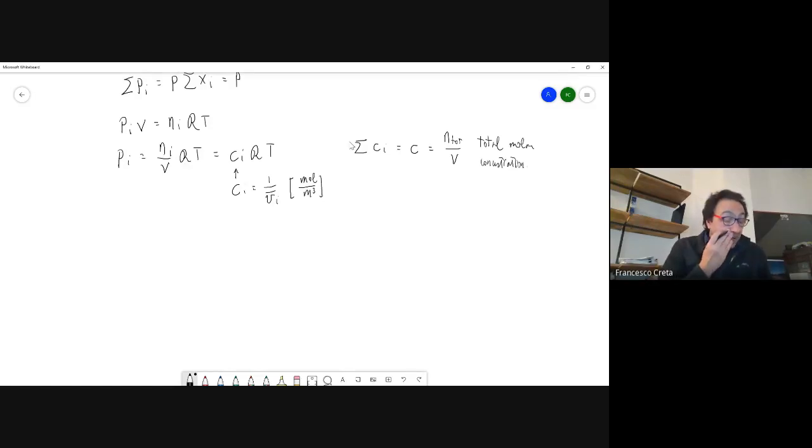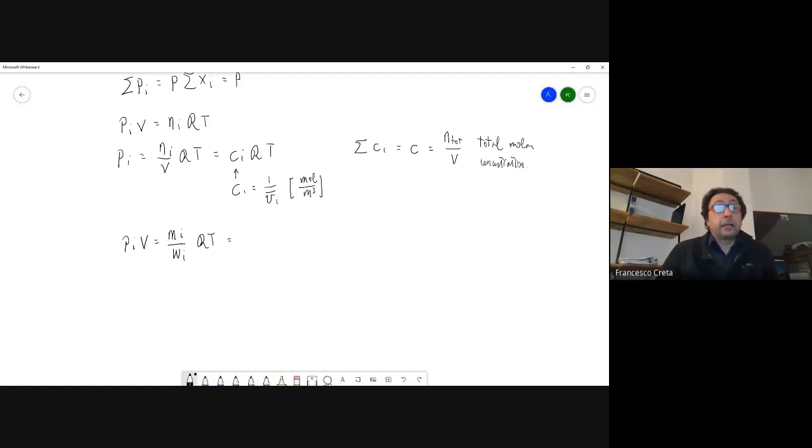Let's introduce the mass fractions. So p_i V is equal to the number of moles now times RT, but the number of moles can be written as the mass of each species, so I'm writing the partial pressure version here, divided by the molecular weight of the species i, times RT.